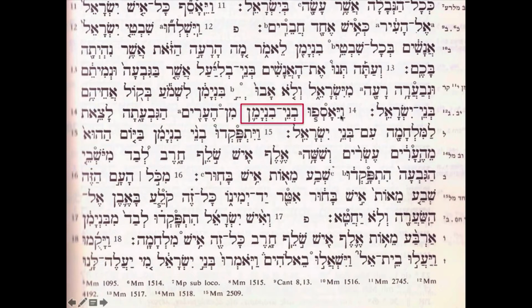So if you look down, you copy this, then you look back up, you see this, you write it, and you look back up, your eye might automatically skip here, and you just write the mem and the nun, and it ultimately deletes out this phrase or this word. So the sons of Benjamin. So you could delete the sons of, and as you notice, right up here, that's exactly what we think happened.